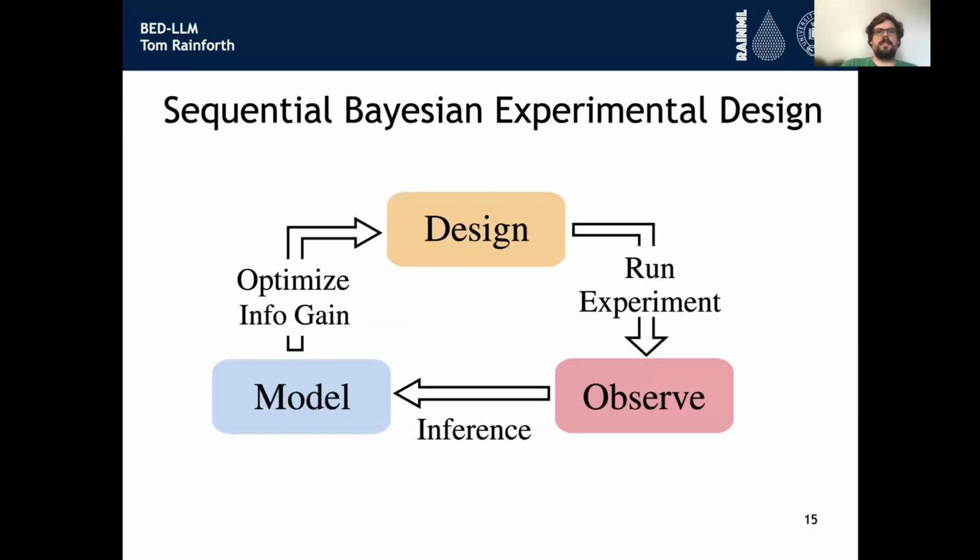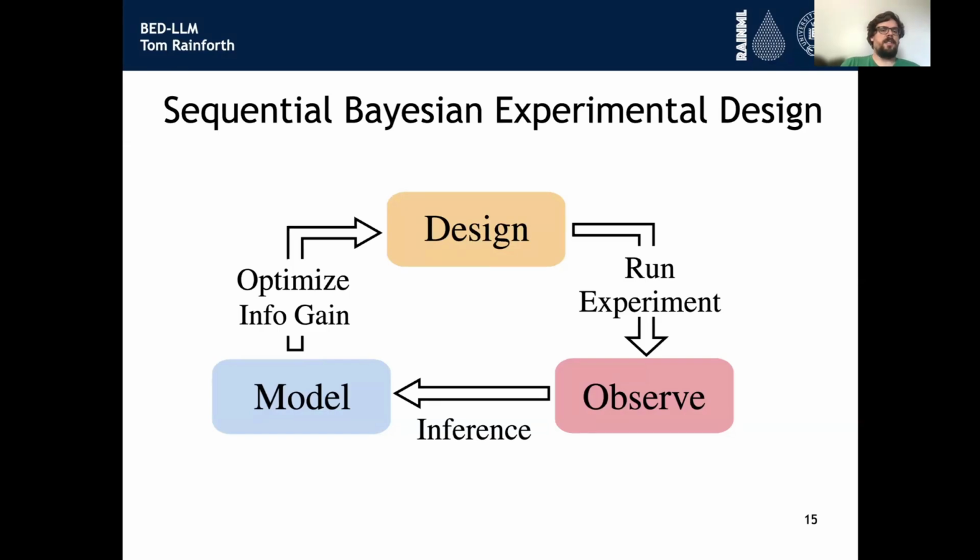Where this approach really starts to get particularly powerful is when we start thinking about using it sequentially. The coherence of Bayesian methods means that we can take our model, and once we update it with some new data, we get an updated model, and therefore this is going to define a new expected information gain.